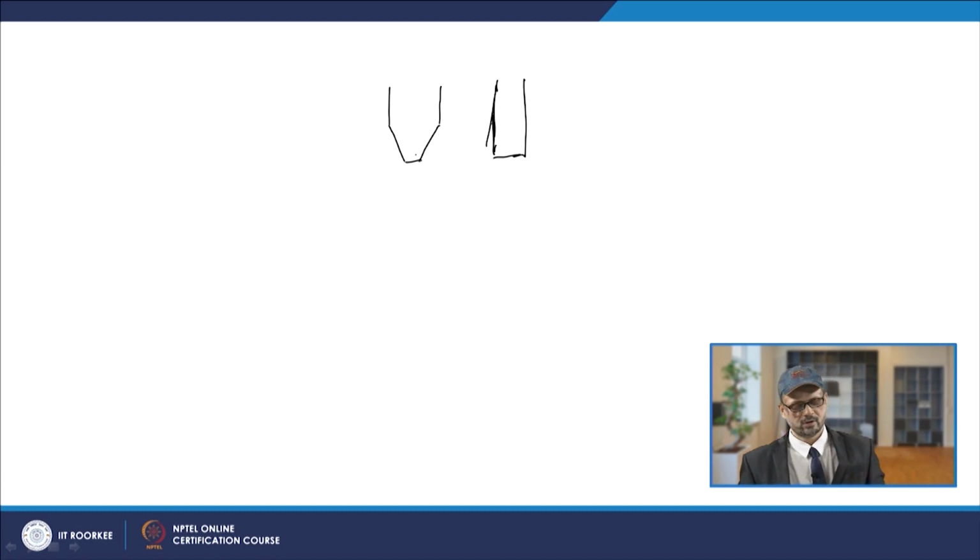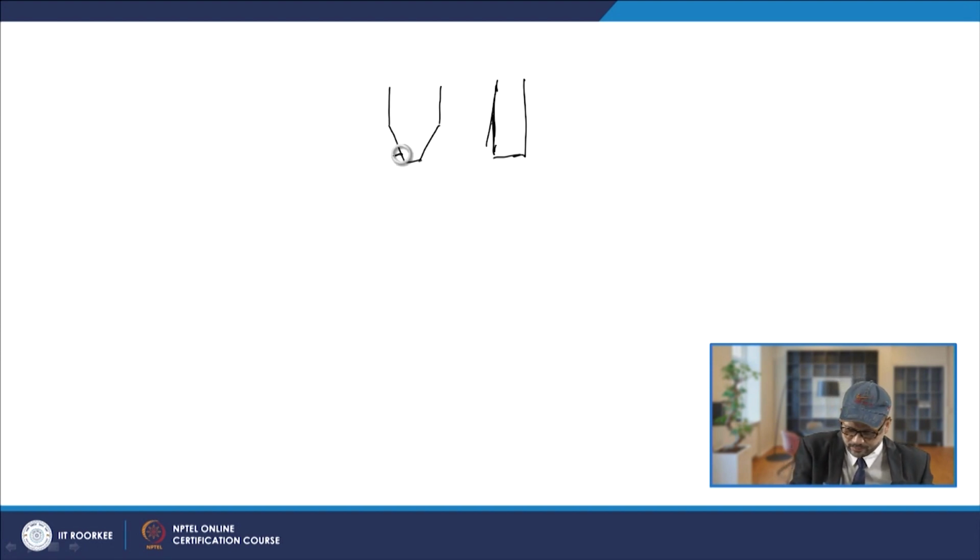Basically, it has been seen for gas tungsten arc welding that the tip angle can be made blunt, or it can be made taper. So, in this case it is blunt, and in this case it is made taper.